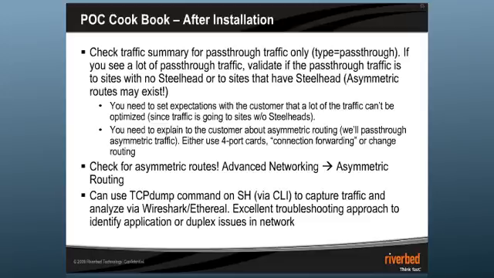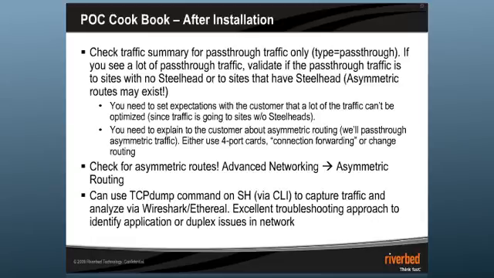Let's say they have 50 remote sites, but they only have steelheads at 2 of those remote sites. So when they look at the reports in the data center steelhead, they're going to see a bunch of pass-through traffic, and they're going to say, hey, this box isn't doing what it's supposed to. Well, it's probably pass-through traffic that's going to sites without steelheads, but you do need to verify that.